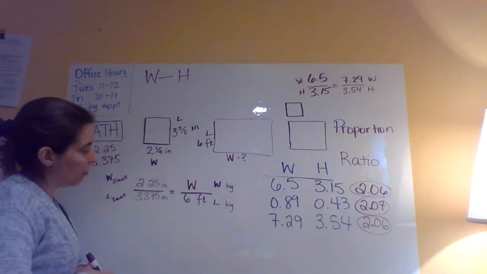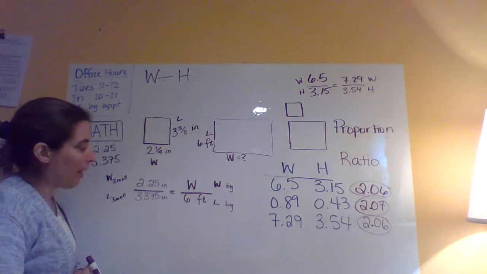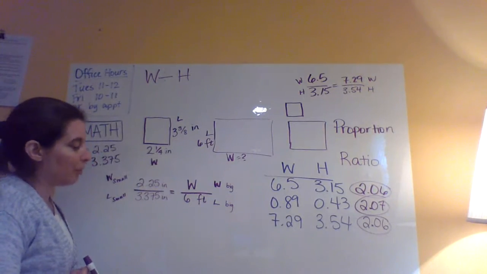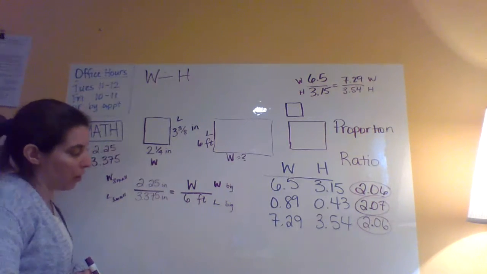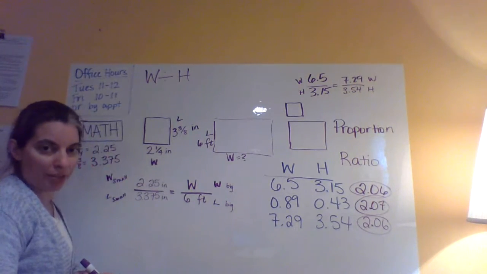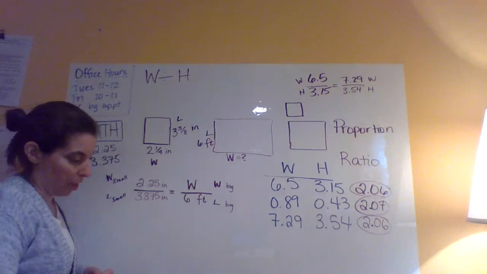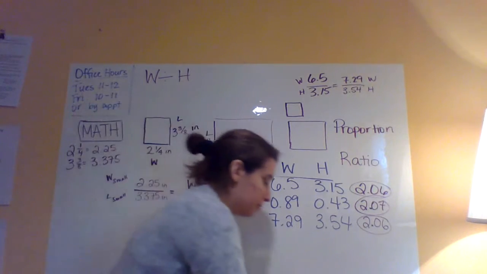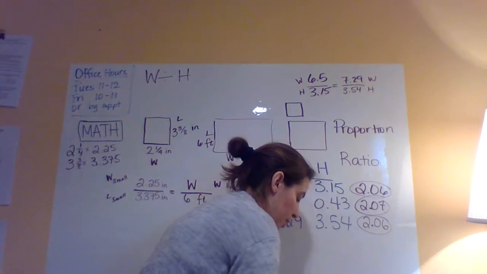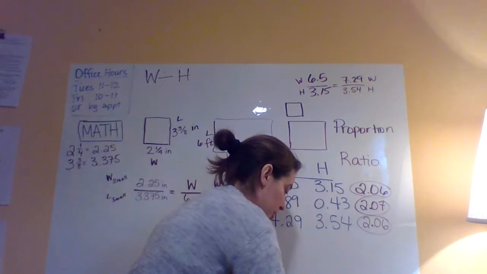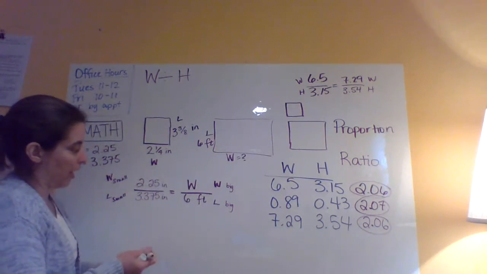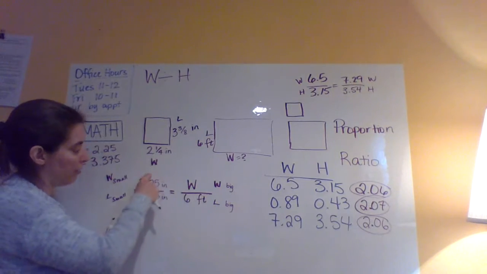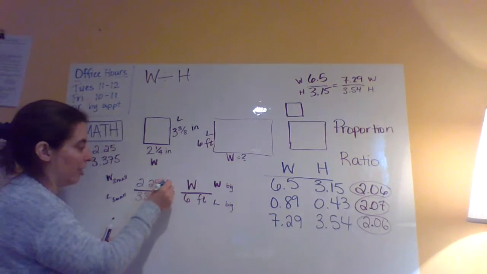All right, so let's think about how we can solve for W. Some of you probably remember this, that this is what everyone always wants to do when they see fractions, which is to cross multiply. So one thing you can do is you can cross multiply, meaning that I multiply the numerator of one side with the denominator of the other.